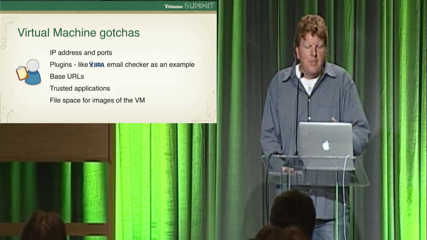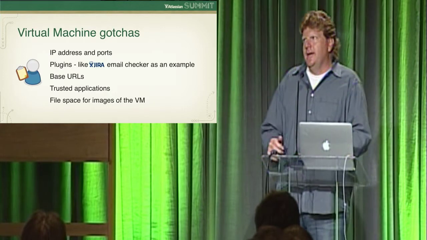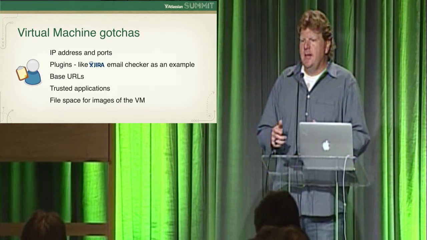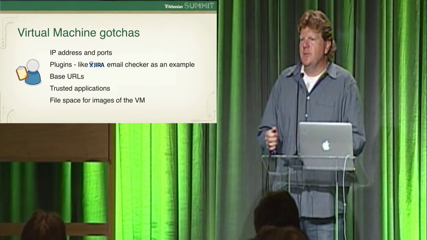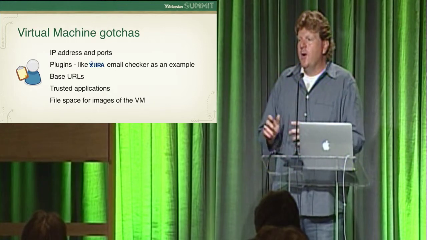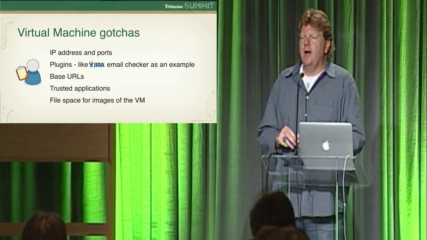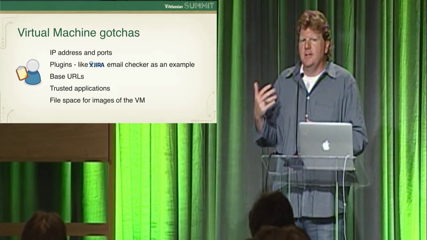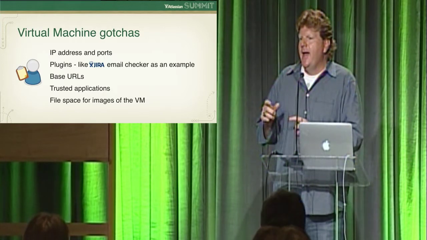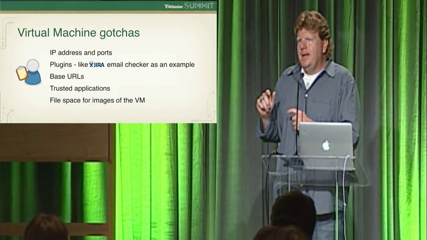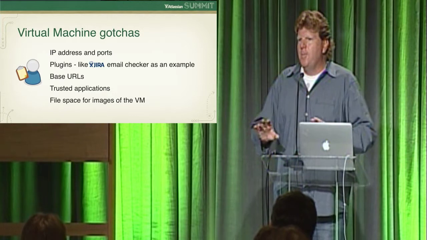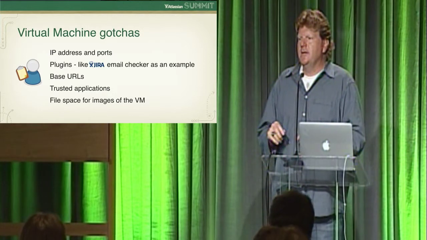Kind of related to that are base URLs. Another embarrassing moment from Confluence. When we make a clone of Confluence, sometimes we're using it for a test, and we'll create persona users, right? We'll have Devin Developer and Sally Sales or somebody. And as a general rule, I don't like to know passwords of the users.